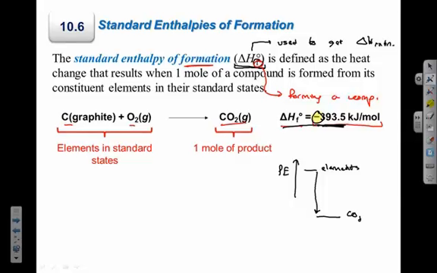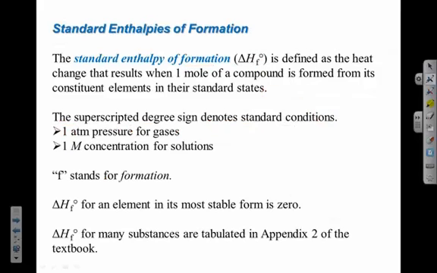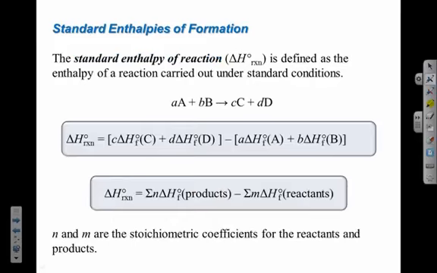So since the delta HFs represent the stability of substances, if I have some other reaction, some generic reaction, A plus B producing C and D, if I know delta HF for A, B, C, and D, that tells me relatively how stable they are.